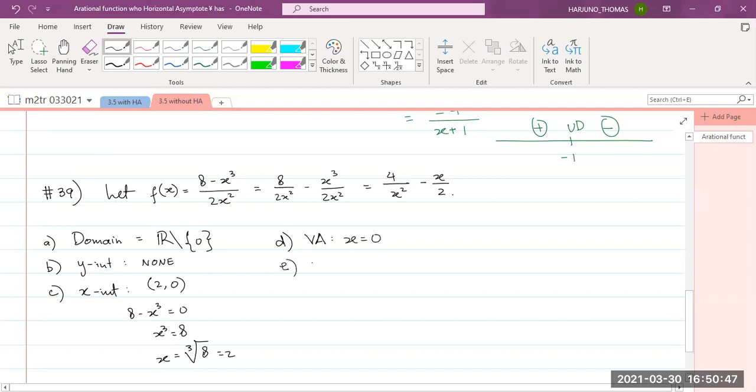Horizontal asymptote. The degree on the top is more, right? So there's none. How about the slant asymptote? The degree on the top is exactly 1 more, right? So I'm supposed to do this long division here, negative x cubed plus 0x squared plus 0x plus 8 divided by 2x squared.